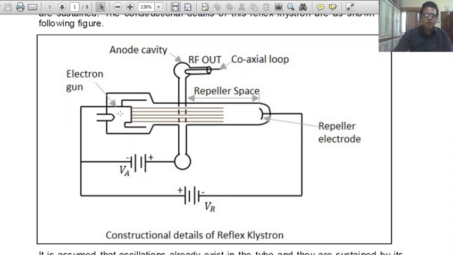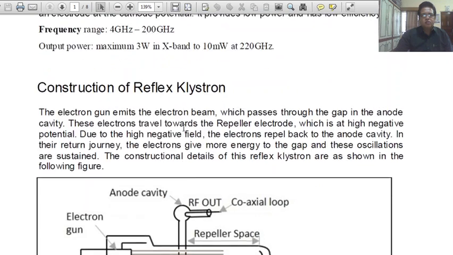Electrons are emitted from here and accelerated by this potential, and after that electrons are velocity modulated and current modulated, and then they are turned back by the repeller electrode.